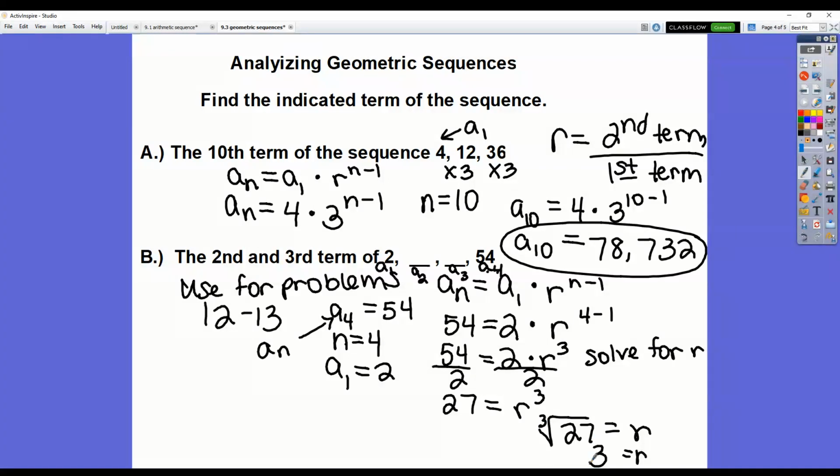Now, we're just going to extend out the pattern. 2 times 3 is 6. 6 times 3 is 18. And then 18 times 3 would give me 54. So that's how we do it. You have to plug in what you know and solve for r. So like I said, that's the most challenging one. Hang in there. You got this.